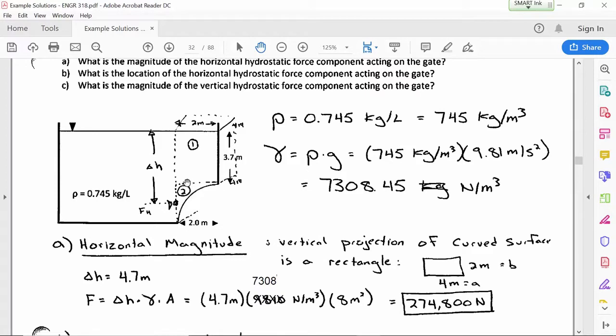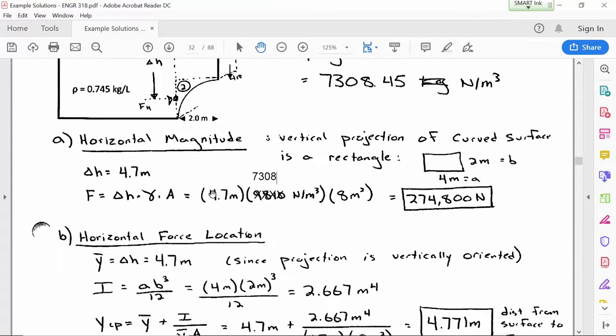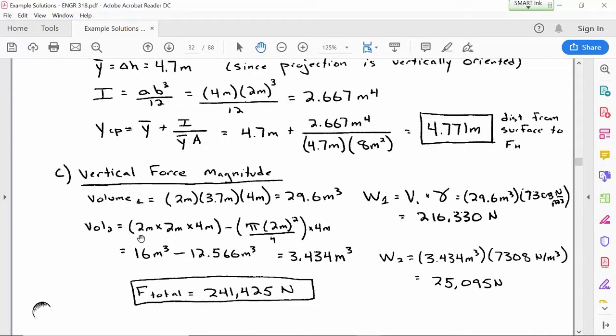And then to calculate the volume of piece 2, I said there's a rectangle that's 2 by 2 by 4, and I'm going to subtract out the quarter circle element there, which is also 4 meters of width. So we have the overall volume of that smaller element up above.